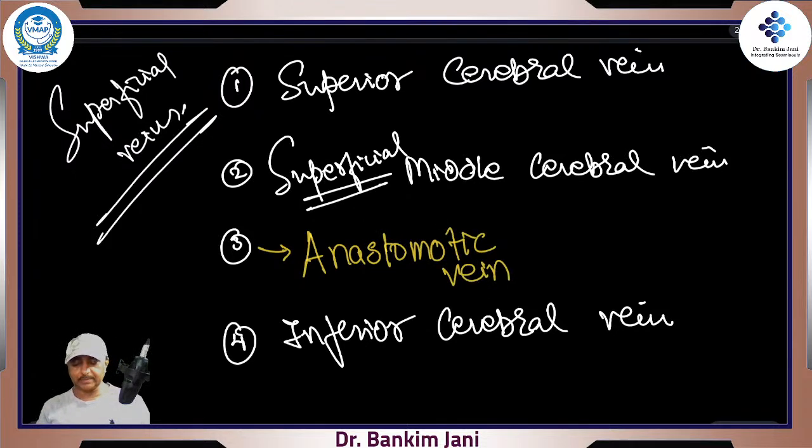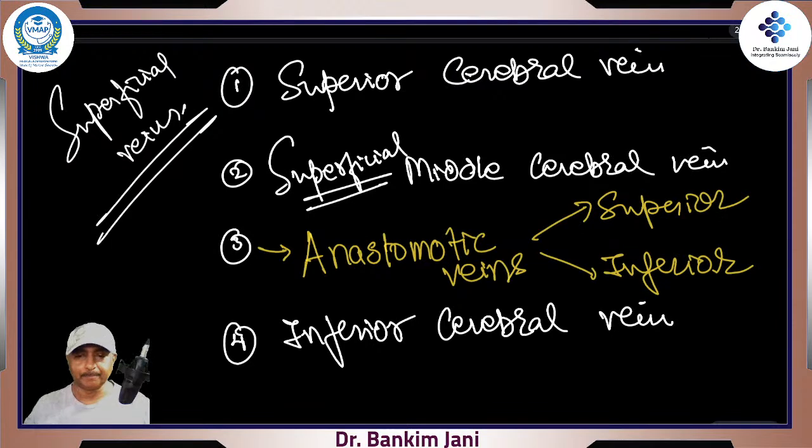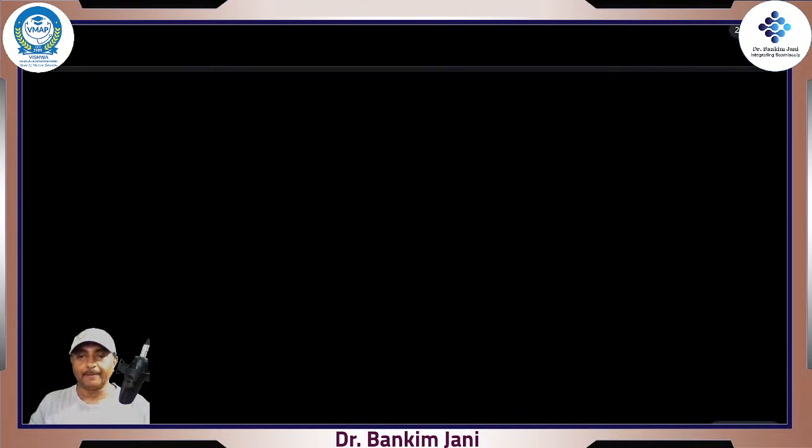And of these anastomotic veins, there are two parts: one which will be the superior anastomotic vein, and then the inferior anastomotic vein. Let's see them and then we talk about it.